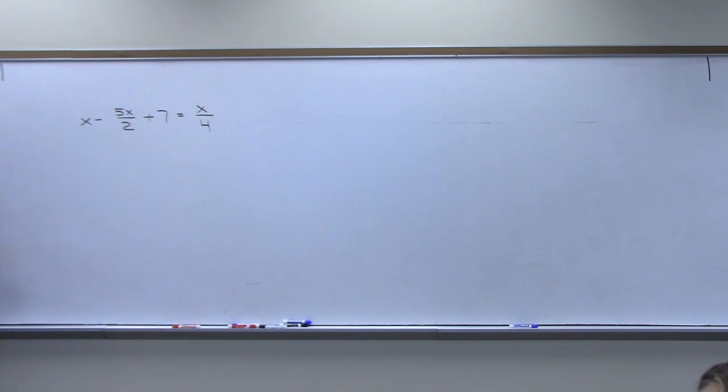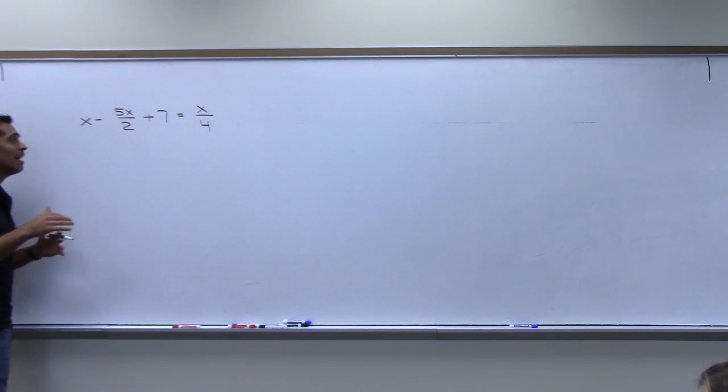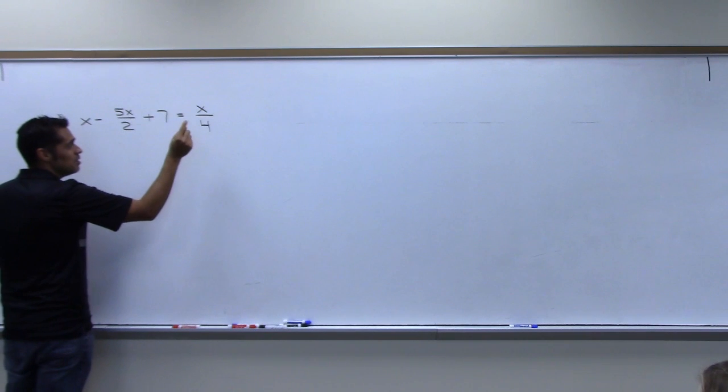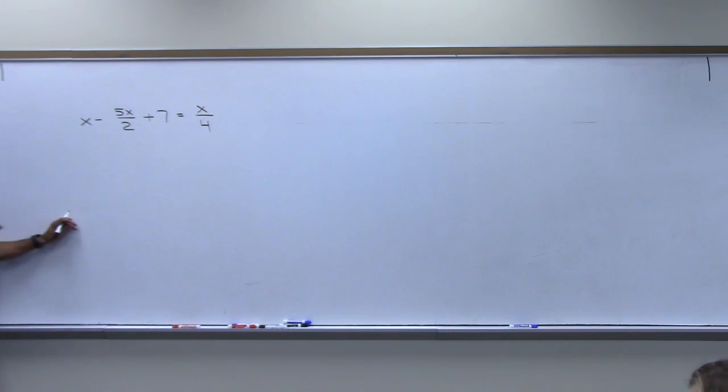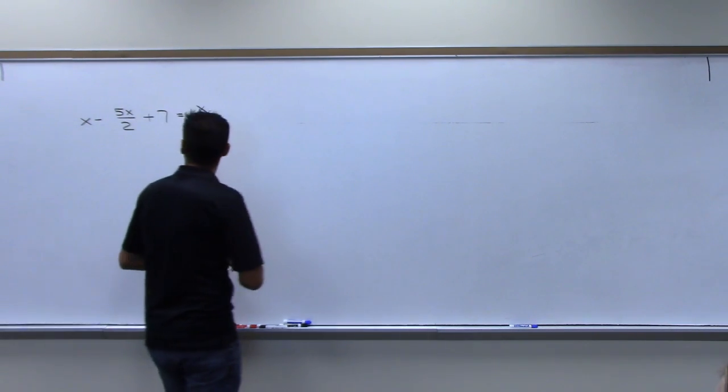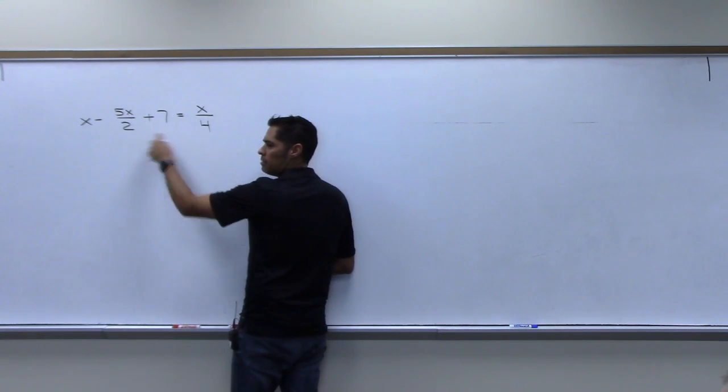Yes? I'd multiply both sides by 4. You multiply both sides by 4. So you don't like fractions. I don't like fractions. Well, I do like fractions, but I'll act like I don't. Okay, so you don't like this, but it's an equation, so you realize that if you multiply both sides by the LCD, least common denominator, fractions will go away. So you came in with 4, because isn't 4 a multiple of both of these? Yes?